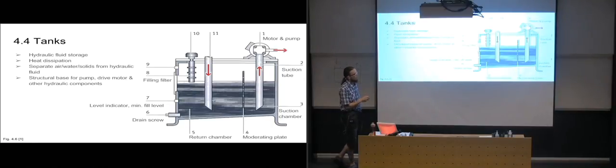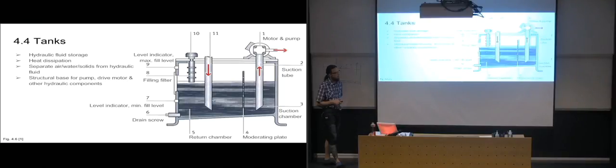There is a filling filter, so that if you're going to fill hydraulic fluid in here, it's actually going to go through a filter before it enters the tank. And then all the way at the top, you have a maximum fill level indicator.